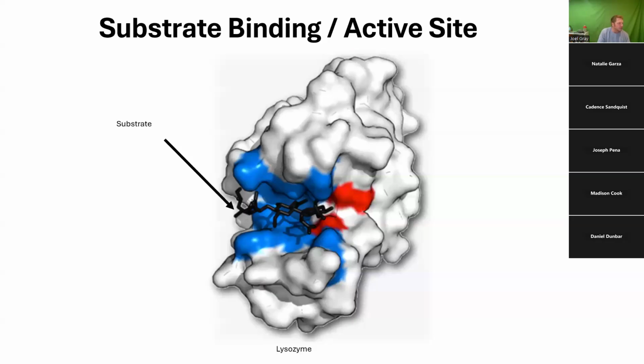So this substrate is going to be your typical stick model or your simple skeletal structure, whereas this particular enzyme is an enzyme known as lysozyme. This is going to be represented with a space-filled model. And I'm sharing this as just a, hey, when you see this, here's what you should anticipate.